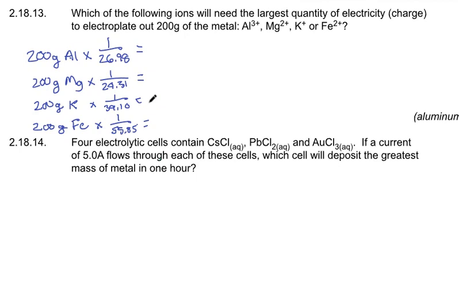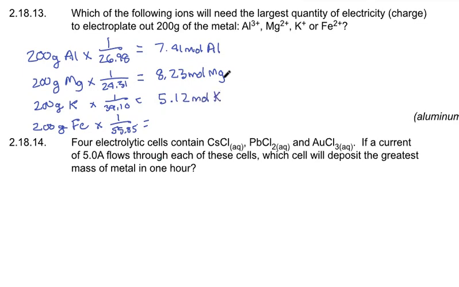200 divided by 26.98, 7.41 moles of aluminum. For magnesium, 200 divided by 24.31, 8.23. 200 divided by 39.10 is 5.12 moles of potassium.